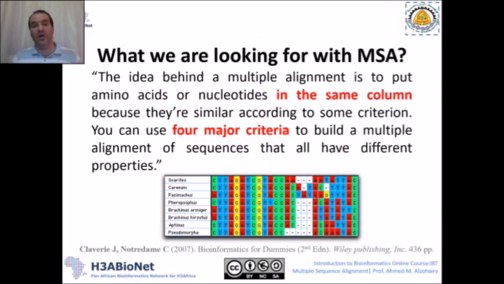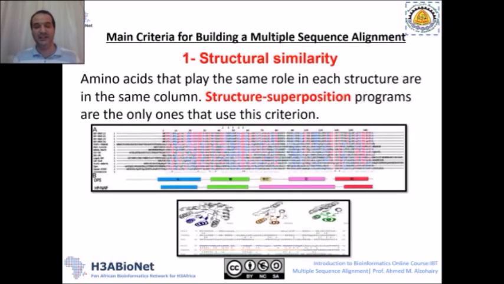So what are you looking for in the multiple sequence alignment? Of course, there are four major criteria, and these start with structure similarity. In this case, we are looking for a structure superposition. This means that we would like to see the amino acids or nucleotides in the same columns, and most of the programs respect this.